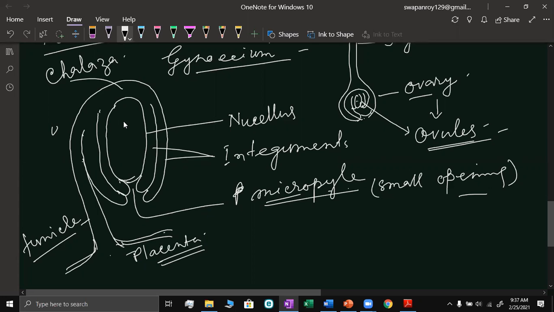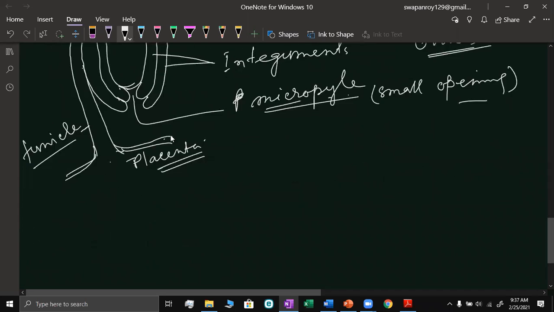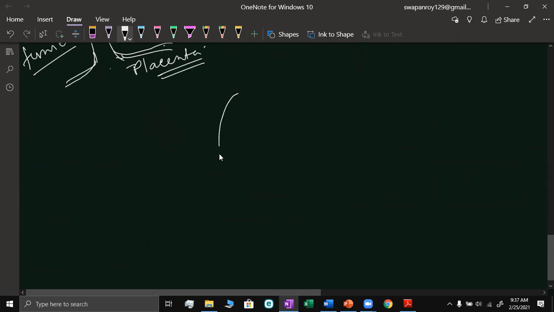Now, if we see this nucellus, within the nucellus, actually I will draw another one in a very big way.